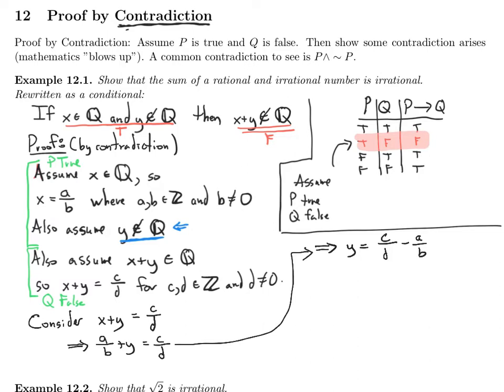And then subtracting these fractions, just getting a common denominator and subtracting, we get that y is b times c minus a times d over bd.